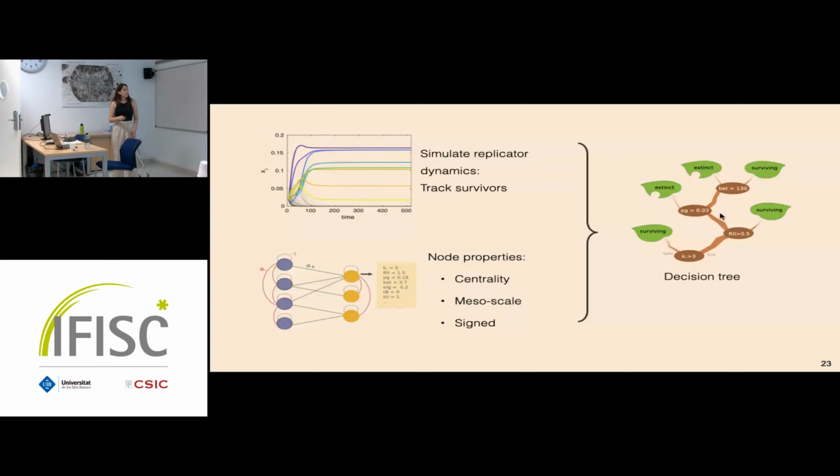And obtaining these rules, it's able to classify a species into 2 categories, so surviving or extinct. And not only that, we have chosen this machine learning method because it's able to quantify the importance of each of these node properties in the classification.